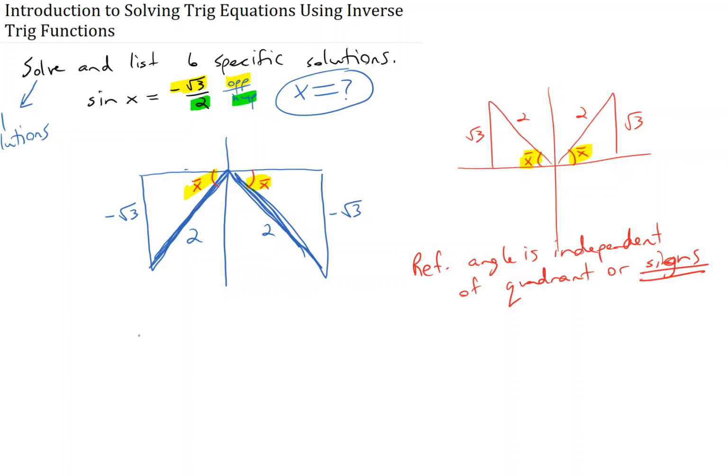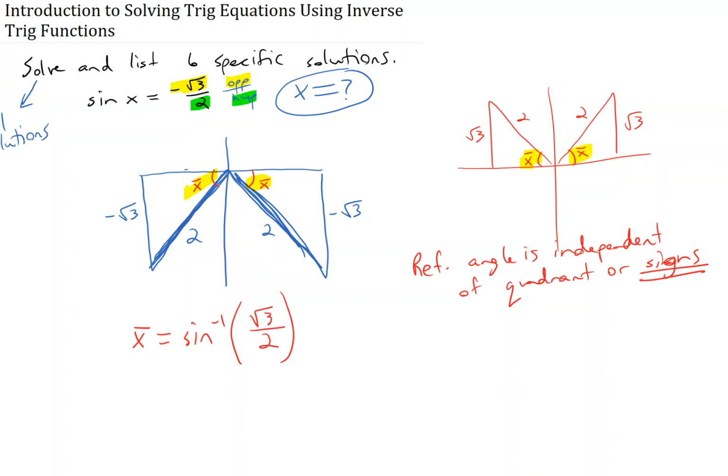So in this case, our reference angle x bar is going to be, since I have the opposite and the hypotenuse, the sine inverse, because it's opposite over hypotenuse, of the ratio opposite over hypotenuse.